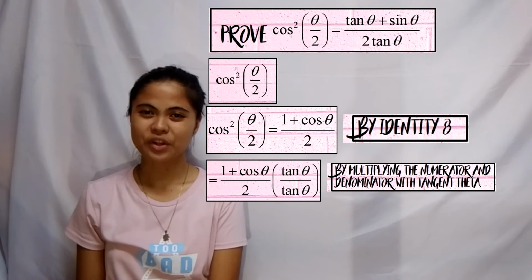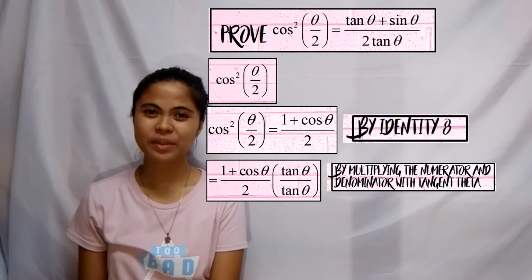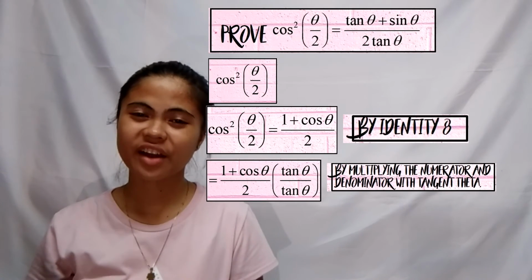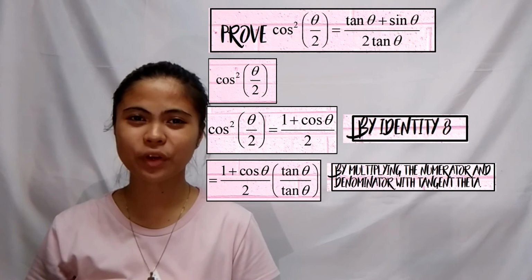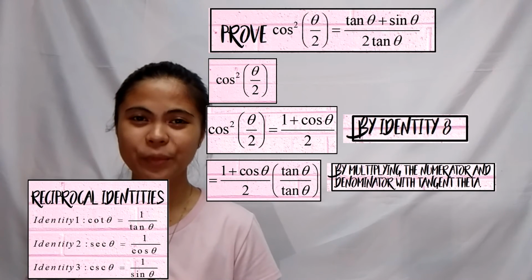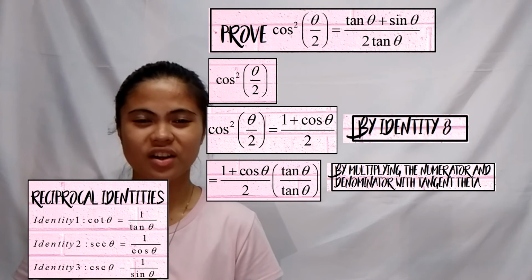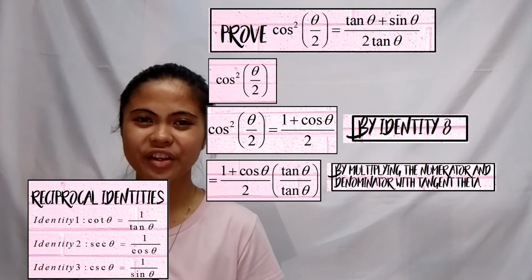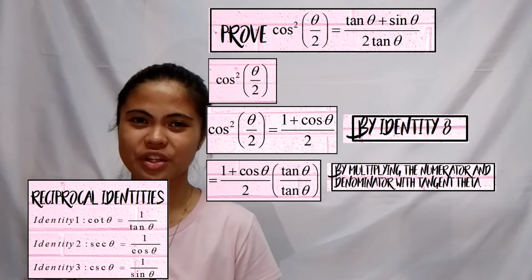The next step is to multiply the numerator and the denominator by tangent theta. We can't use other identities because, for example, if we use identity number 3, which is cosecant theta is equal to 1 over sine theta, it will be harder for us to prove the equation.